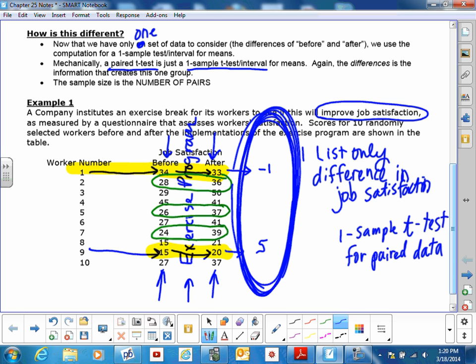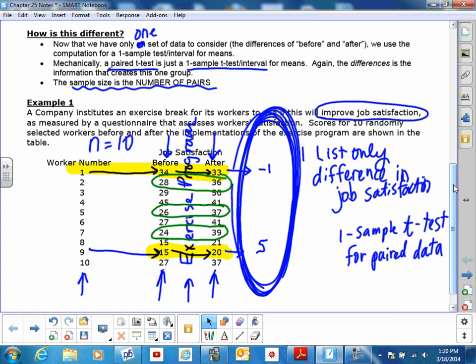I've already mentioned that several times. And finally, the sample size is the number of pairs, because this is just one group of 10 employees. So on this problem, our sample size is 10. Okay, so there we go. That's all the basic information.